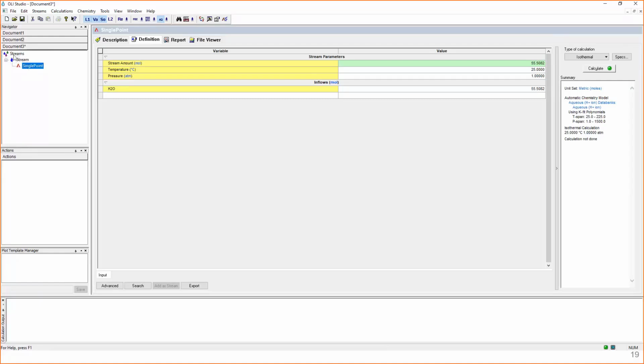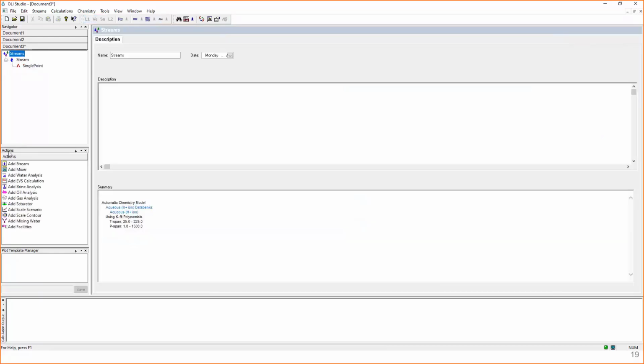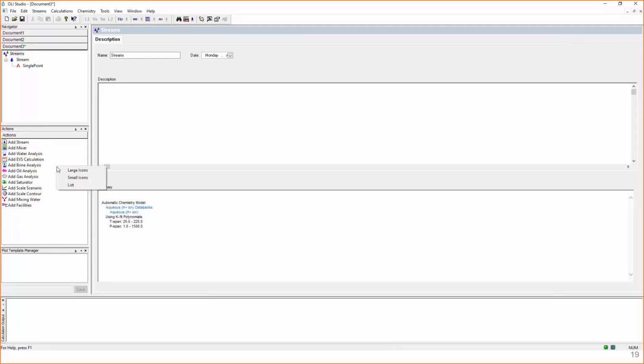I'm going to click here at the global stream level to bring all of my actions. Again, this is your actions pane where you select all the types of icons that you want to use for your simulations. Probably on your screen, the icons look like this, probably large icons.